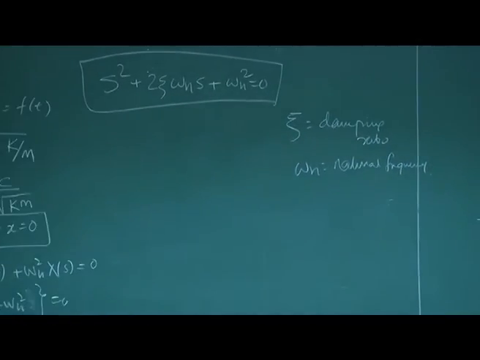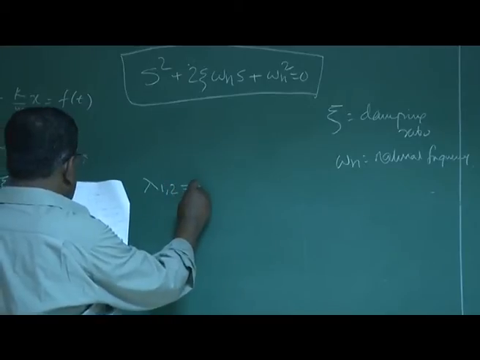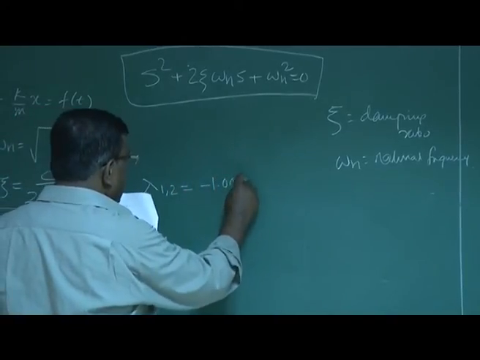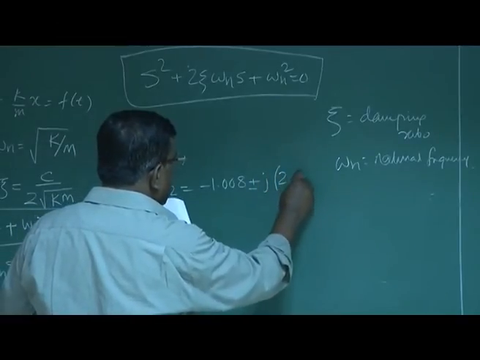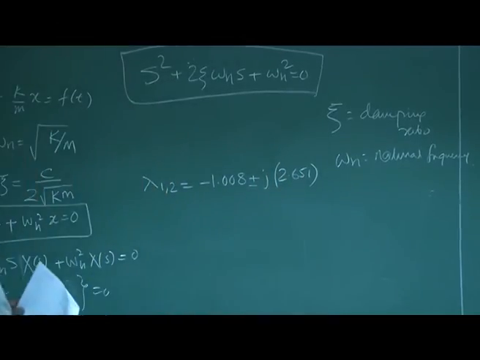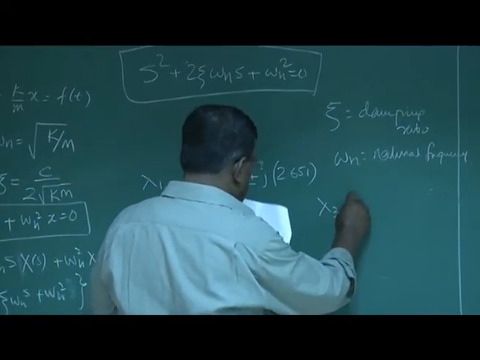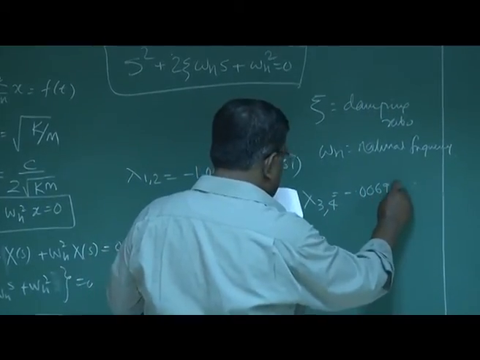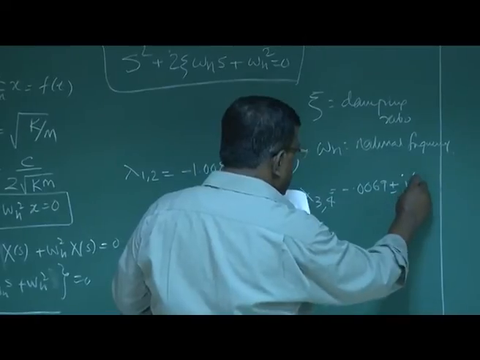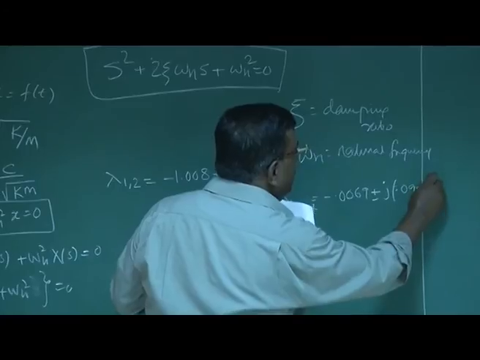Now we come back to our problem where we got the roots. One pair of roots I got is lambda 1,2 equal to minus 1.008 plus minus j 2.651. Correct? Another, lambda 3,4, is equal to minus 0.0069 plus minus j into 0.0905.